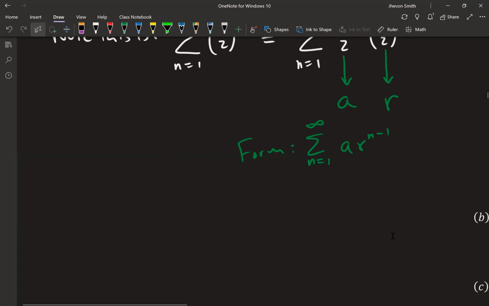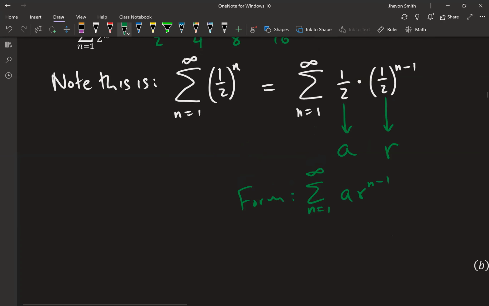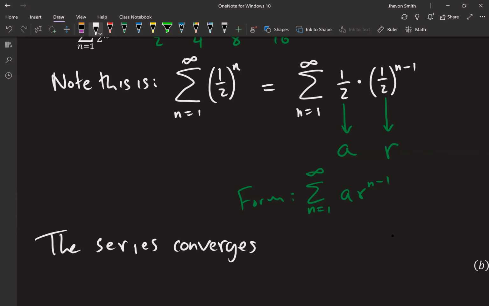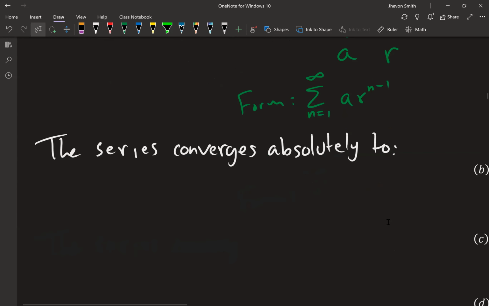So what does this converge to? So the series converges absolutely. In fact, I know what it converges to. It converges to a over 1 minus r, which is a half over 1 minus a half.